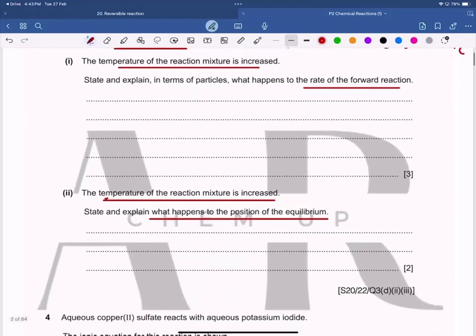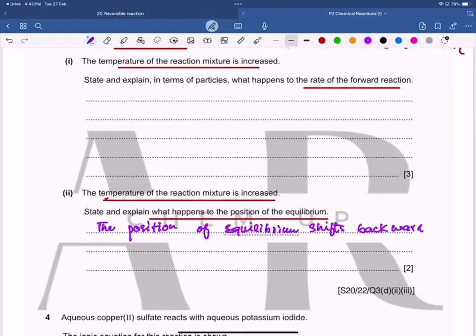So see, in this part, state and explain what happens to the position of equilibrium. So I will write that the position of equilibrium, where will it shift, backward or forward? Backward. Because our backward reaction is endothermic. So the position of equilibrium shifts backward.